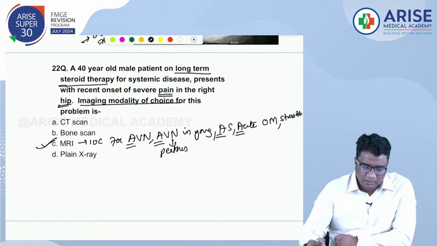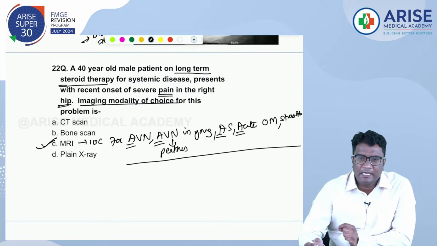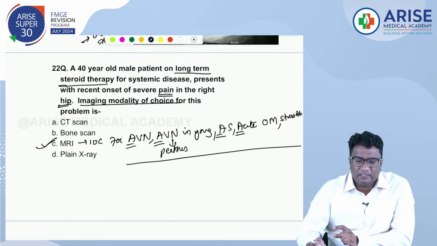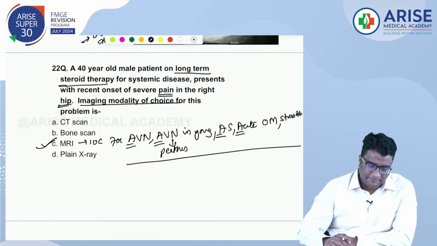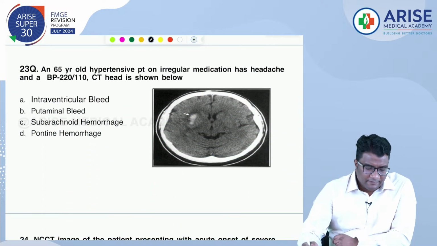It is MRI. So avascular necrosis in young patients called Perthes disease, ankylosing spondylitis, low backache, right, sacroiliitis that you have, right? So that is ankylosing spondylitis, acute osteomyelitis, stress fracture or march fracture. Investigation of choice is MRI.